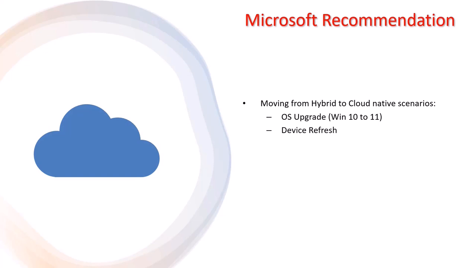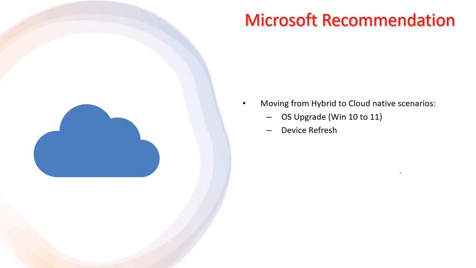For a device to get hybrid Azure AD joined, first we join the device to the on-premise domain, then we use a tool called Azure AD Connect. That tool can be used to sync the device objects from an OU in your on-premise domain controller to Azure. And once that happens, the device object appears in Azure as well.